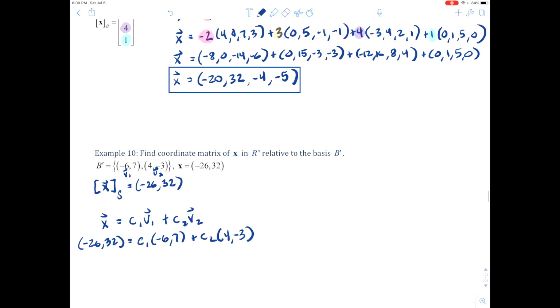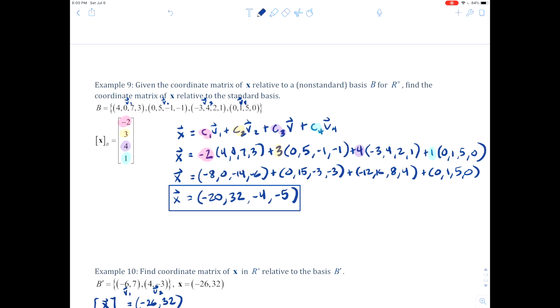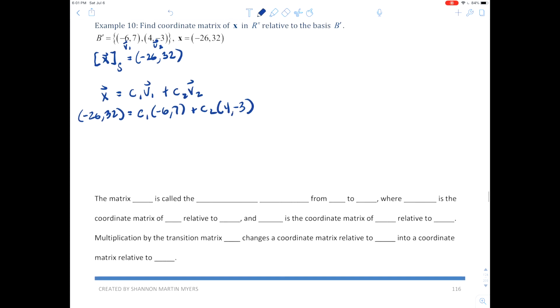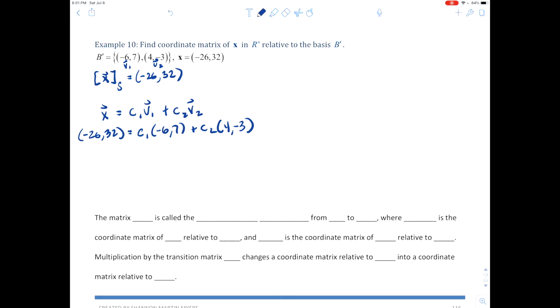So the one before, we knew the coordinate matrix of x relative to this basis B. So we basically knew our c_i's, right? Here we know the coordinate matrix of x relative to the standard basis. And now we want to know, what is the coordinate matrix of x relative to this non-standard basis B prime? And our c_i's are unknown.